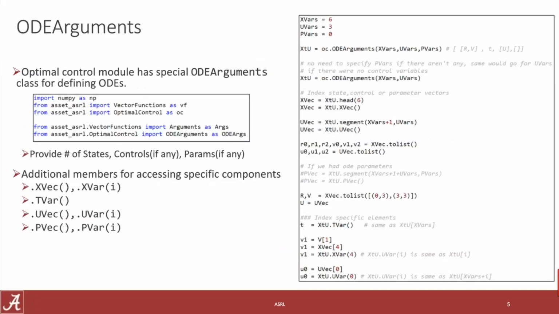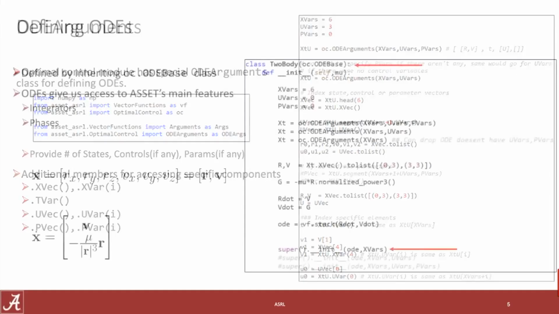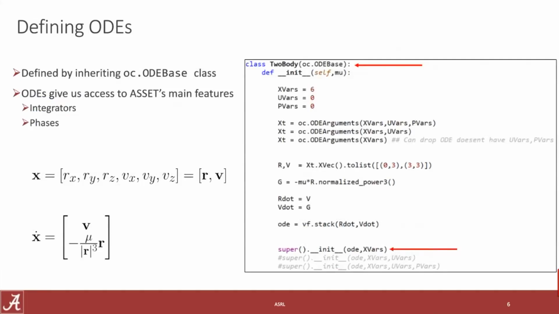If you're going to use the conventional indexing like head, tail, and segment, know where those indices are based on the XTU format. Or if you're stressed about that, or you're like me and you fat finger things or make a mistake, using these new member methods of explicitly saying, give me my state vectors or give me my control, is another way to help manage how you're going to use those subcomponents.